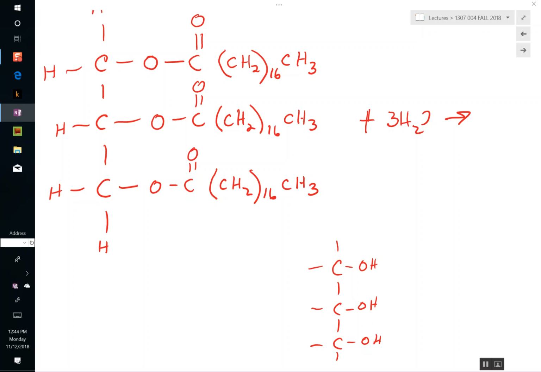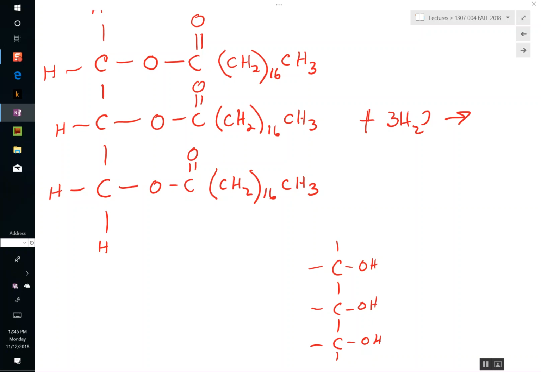A diglyceride has had one clipped off. A monoglyceride has had 2 of them clipped off, leaving the glycerol molecule with a fatty acid on there. They're doing it for some reason. I don't know exactly why; maybe it emulsifies the ingredients, or it has to do with melting points.